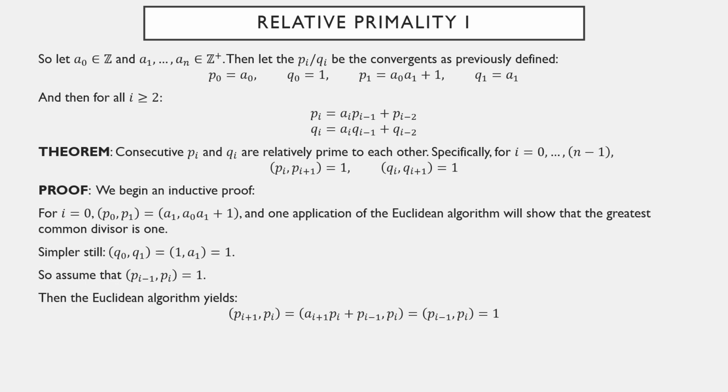All we've done is use the recursive formula here. And when I apply the Euclidean algorithm, I ask how many of these pi's can I subtract from this? Well, exactly ai plus 1 of them. And when I do, I'm left behind with pi minus 1 and pi, and inductively we have assumed that these two are relatively prime. So it's a very straightforward inductive proof that the consecutive numerators p are always relatively prime.